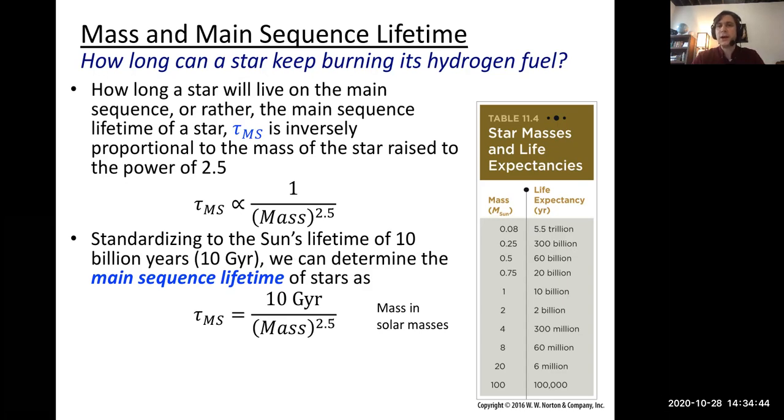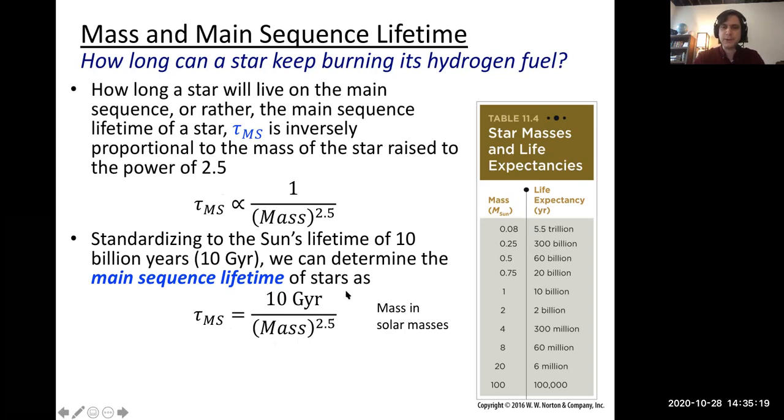So if we want to compare everything in terms of lifetimes compared to, say, the sun, then we can use this as our standardization. And we can now rewrite our proportionality as an equation where we're getting the lifetime in giga years. So now we have the main sequence lifetime of a star equals 10 billion years divided by the mass in solar masses, because we standardize this to the sun, raised to the 2.5 power.